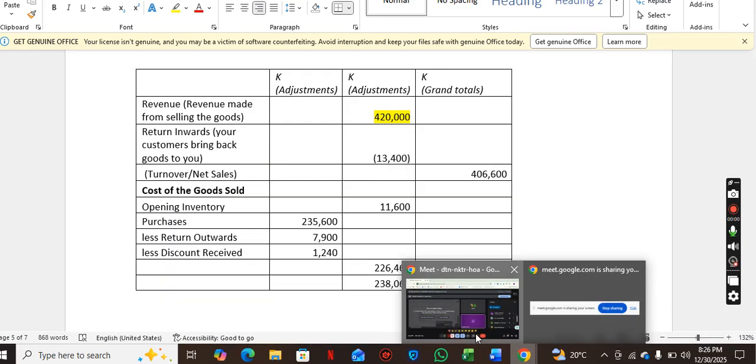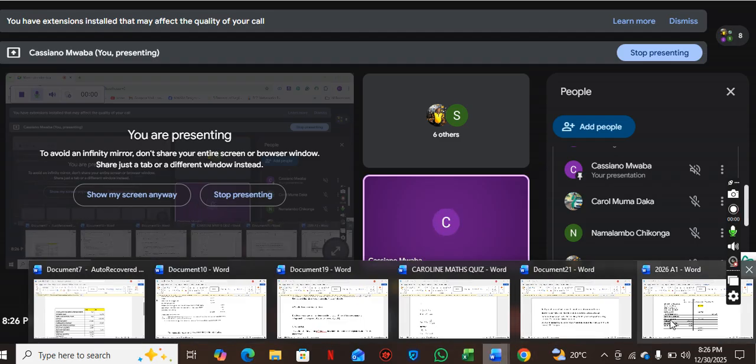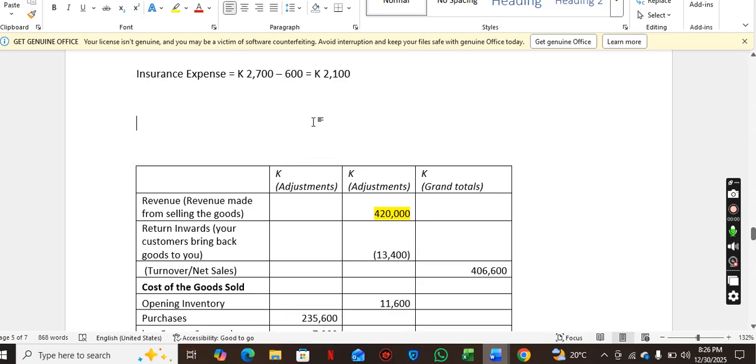That's why we're only interested in the cost of the goods that have been sold. I forgot to put this formula. The formula we're working with is gross profit equals sales revenue minus cost of goods sold.